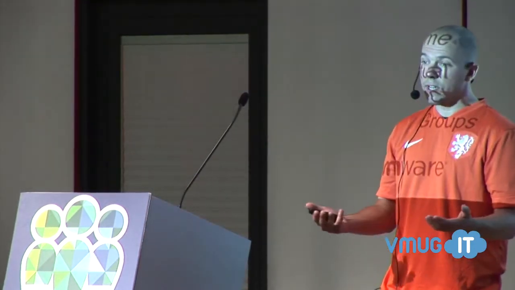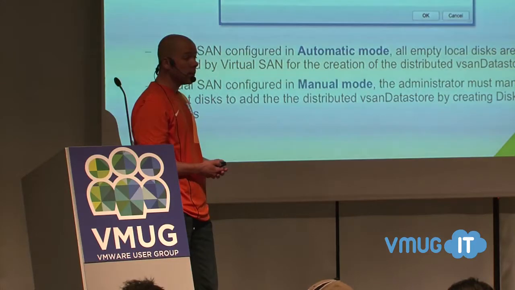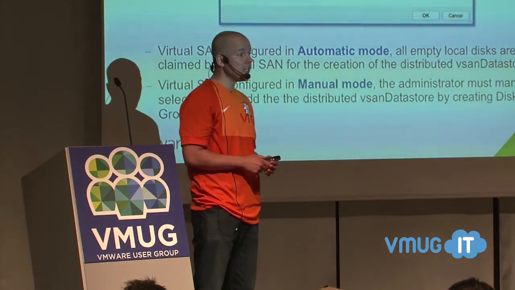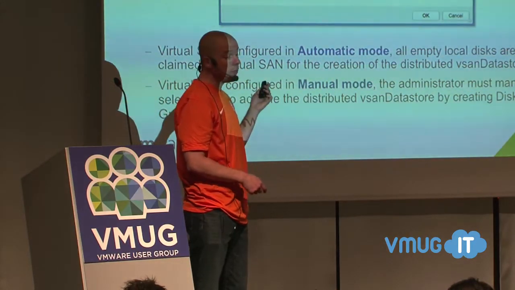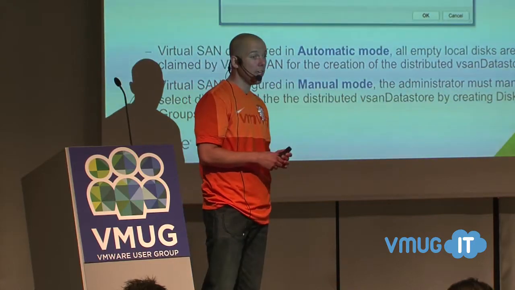It will take all the disks. As soon as it's taken all of the disks, the virtual SAN data store will be presented to all of the nodes, and you can start building virtual machines on top of that. Now, one thing to point out here is that when you deploy or configure virtual SAN, it's important to disable vSphere HA.